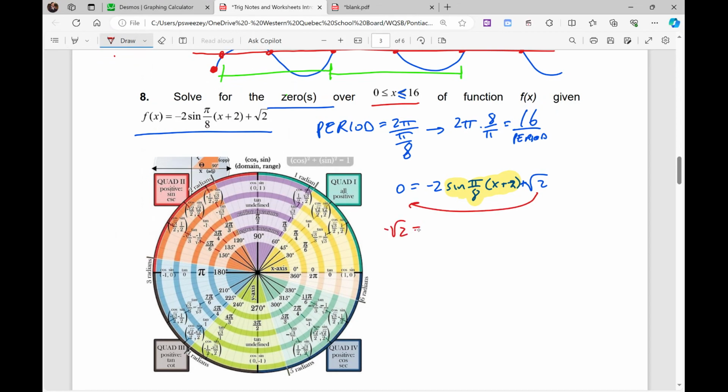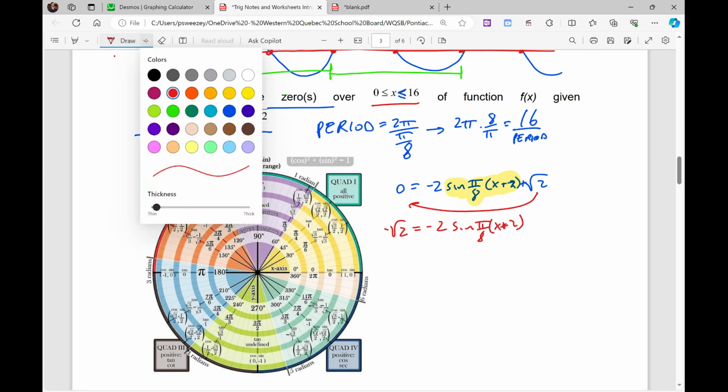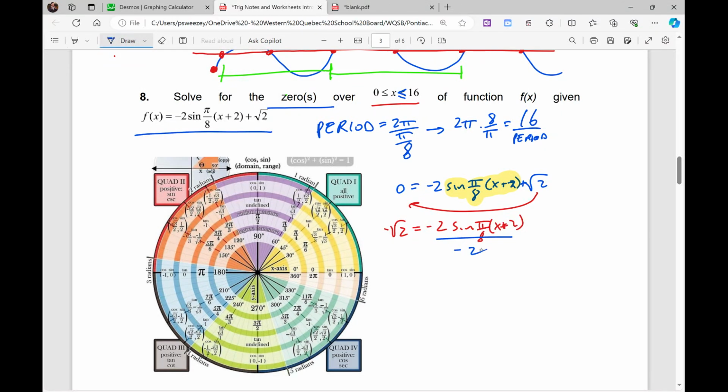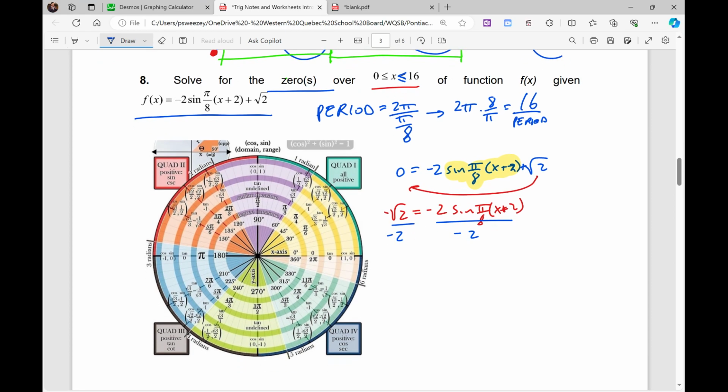So I'd bring the 2 square root of 2 over, giving -2 sine pi over 8 x equals negative 2 square root of 2, and I would then divide by -2. That step is the same for both methods, so I'm only going to show it once. That's going to be positive square root of 2 over 2, and we'll leave it as the radical right now, equal to sine pi over 8 x.